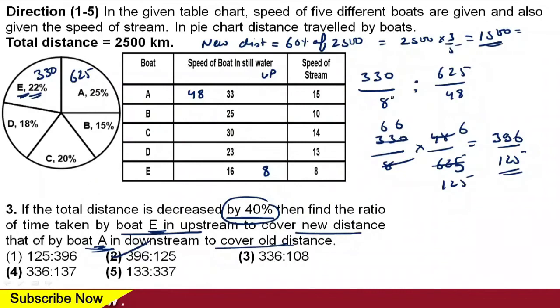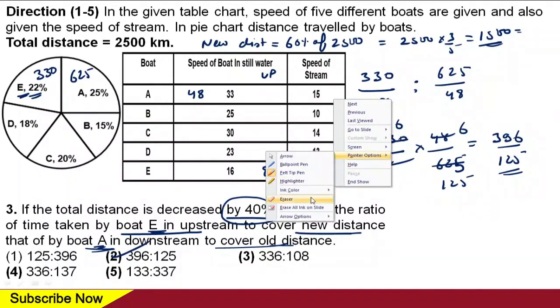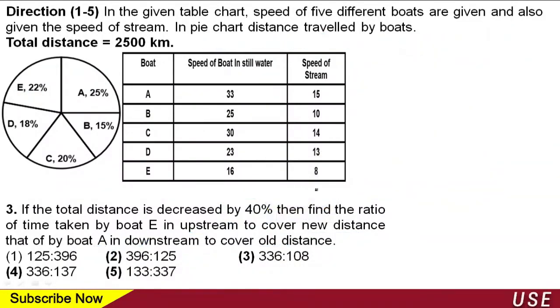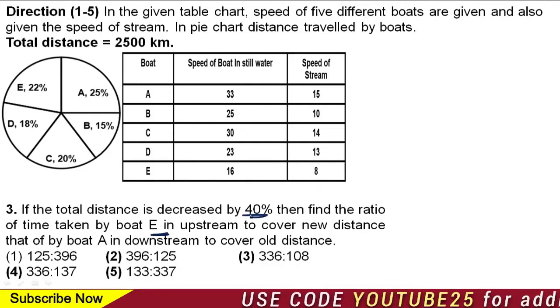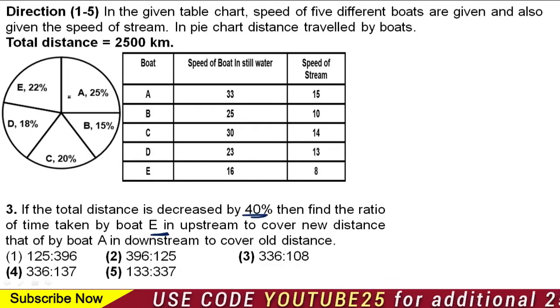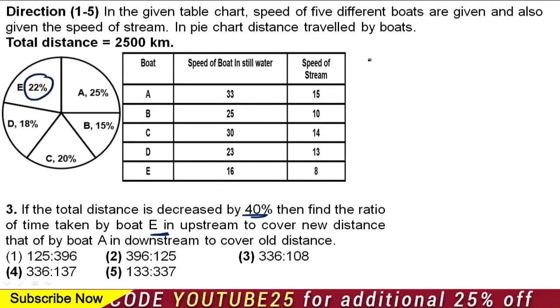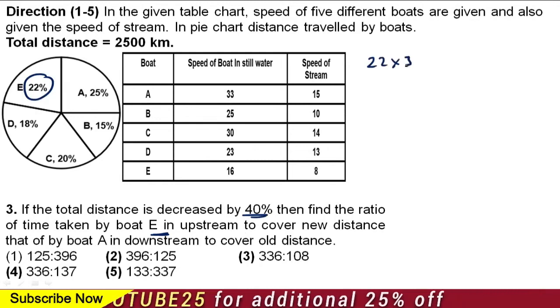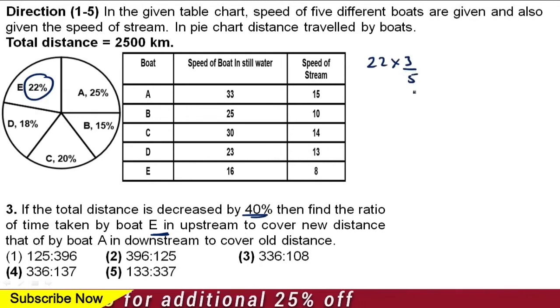Now I'm going to show you a systematic and a very easy approach to solve it, just like the way we did the first question. Now for boat E, we are supposed to take only 60% of the distance. So if the original distance was 22%, 60% would have been 3/5. Got it?